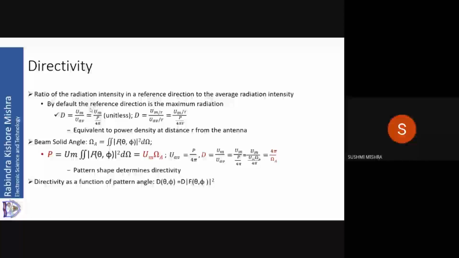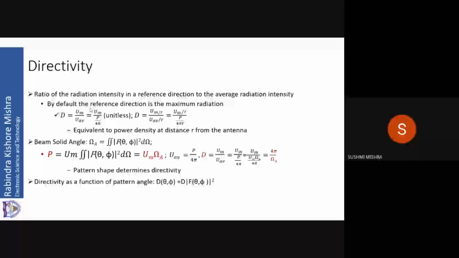Then we define the beam solid angle, in which we said let us take a solid angle which contains all the power radiated by the antenna. That is called the beam solid angle, and numerically we can write it as omega A equal to the surface integration of f theta phi square d omega.